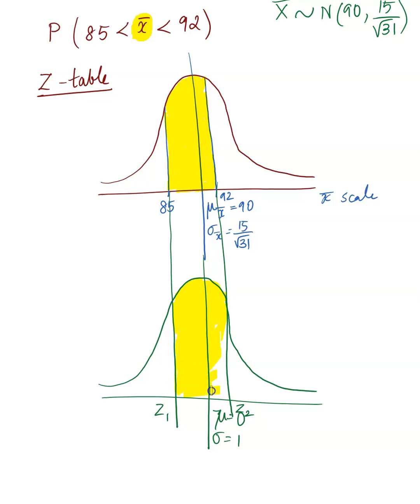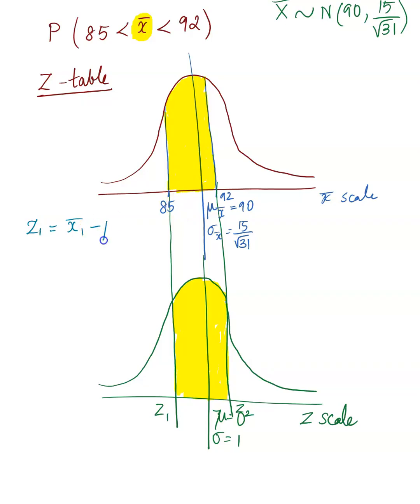Now, recall that this is a Z scale, and we had a conversion. So the conversion for a Z scale in terms of x bar: I have to compute it for Z1, because Z1 is on the left here. Z1 is x1 bar, because we have 85 and 92.